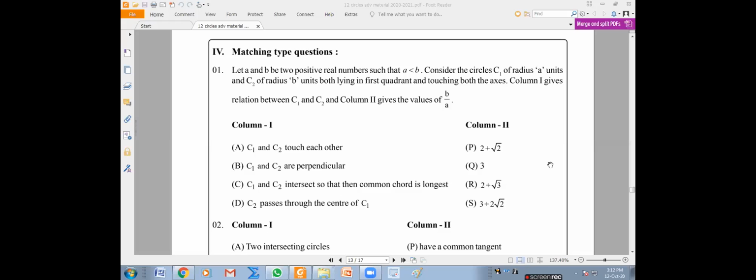One is 2 plus root 2 and one is 2 plus root 3. This is not 4, sorry, this is 8. So this is (4 plus or minus 2 root 2) by 2, which is 2 plus or minus root 2. So B by A greater than 1 implies B by A is equal to 2 plus root 2.